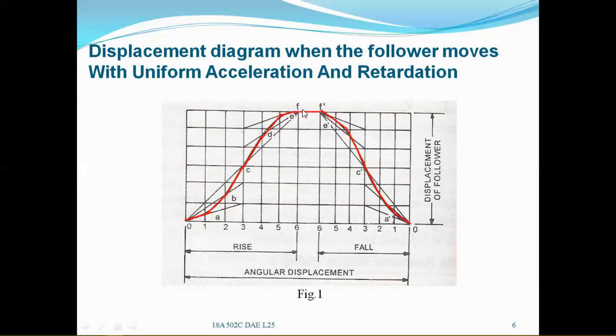So this will be the displacement diagram, right, if the follower is moving with uniform acceleration and retardation.